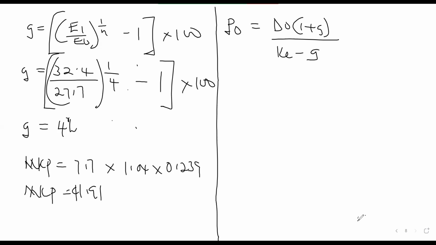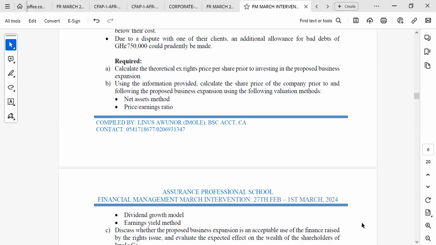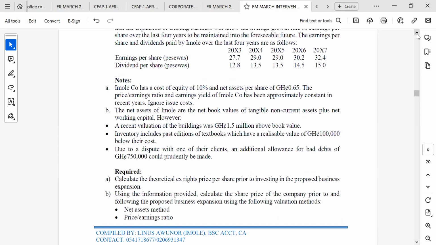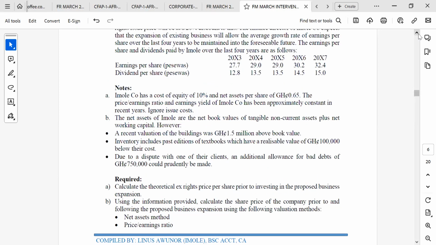So we first of all have to calculate the growth, because the growth has not been given to us. Let's go and take our dividends one by one. What is the current dividend? 15.0, and the initial dividend is 12.8. The growth will also be over 4 years.